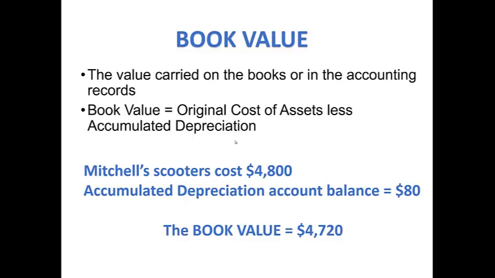So using Mitch's scooters for an example, his scooters cost $4,800, the accumulated depreciation is $80, so the book value is $4,720. So Mitch's balance sheet is going to show a cost of $4,800, the accumulated depreciation of $80, and then out to the side the book value will be shown at $4,720.